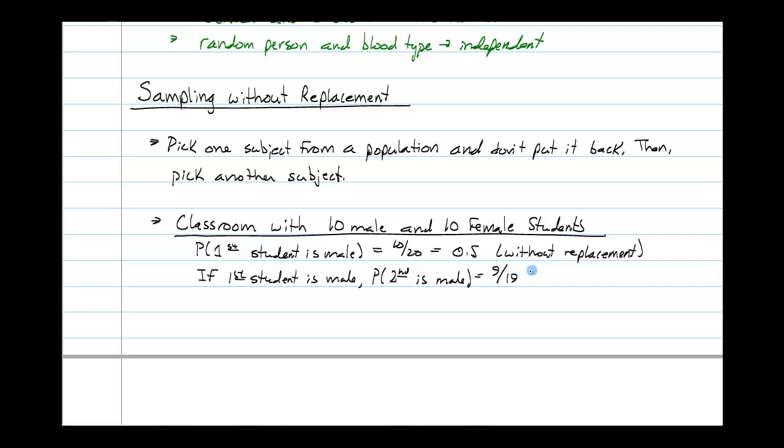In this particular case, 9 divided by 19 is about 0.47. And note that this is not equal to the 0.5 that we had with our previous calculation. So again, we pick one subject from a population and don't put it back, then pick another subject. So we definitely have sampling without replacement here. And we can notice that our picks are not independent.